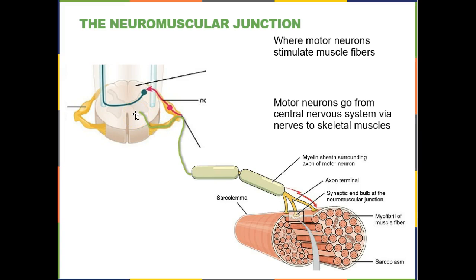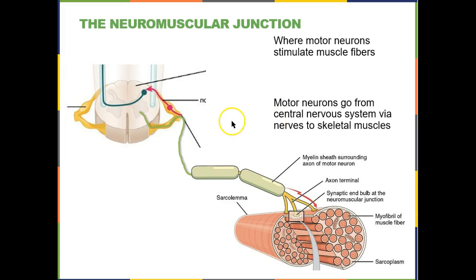They are called motor neurons. So all of your motor neurons begin either in your brainstem or in the gray matter of your spinal cord and extend in nerves all the way through the periphery. And then they come into contact with individual muscle cells at what is called the neuromuscular junction.